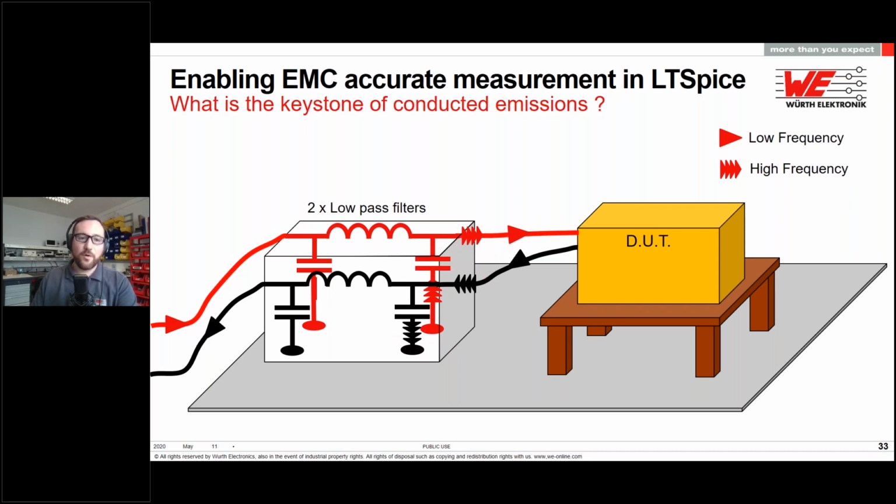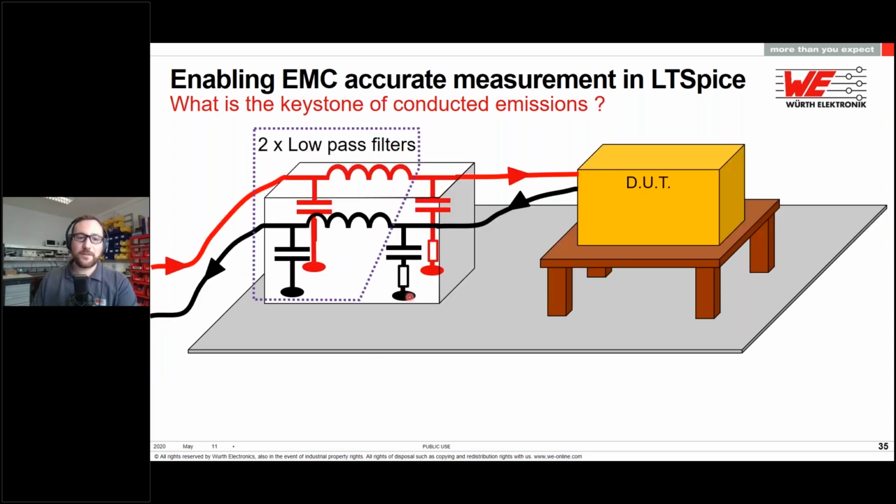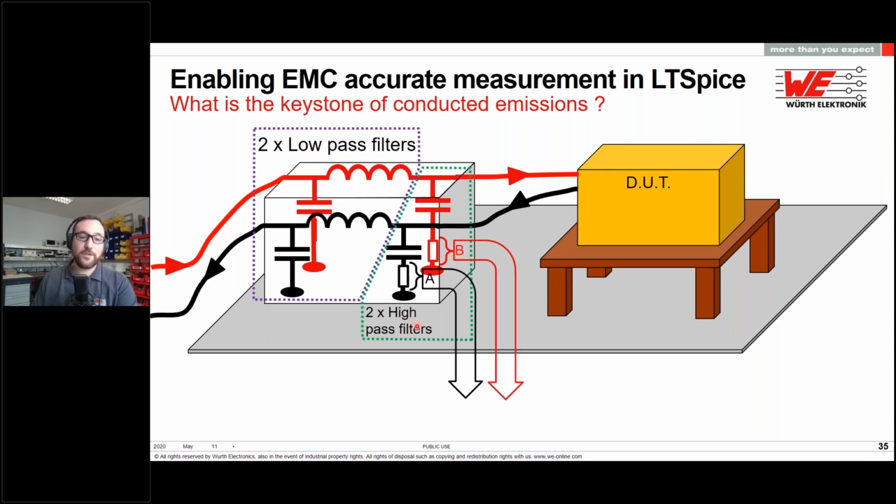And the low frequency, the supply voltage, is going this way and then back here, because it does not see a lot of impedance because it's low frequency. So what we're doing at the EMC lab is to pick this path, the high-pass filter, and to get this voltage here to the EMI receiver.